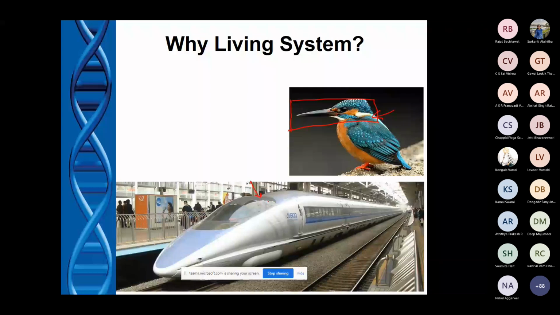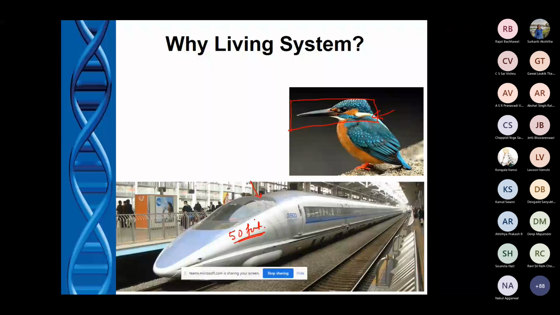But what he did, he redesigned the front part of this train, and he put almost a 50-foot long steel body, like a nose that looks like the kingfisher's beak. That way he solved the problem of building air pressure at the front of the train, and it also improves the fuel efficiency.